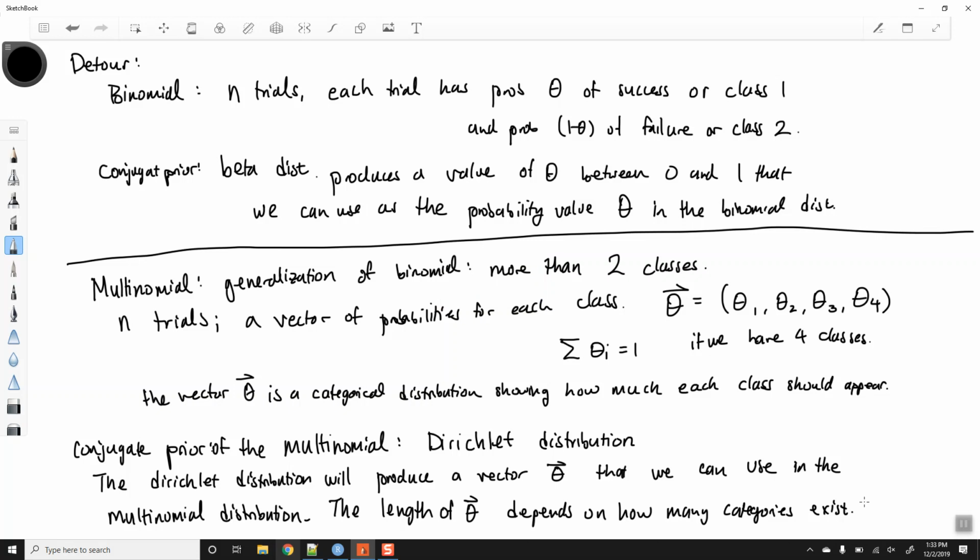Yeah, and there are a lot of parallels between the Dirichlet and the beta distribution. So the beta distribution has 2 shape parameters.